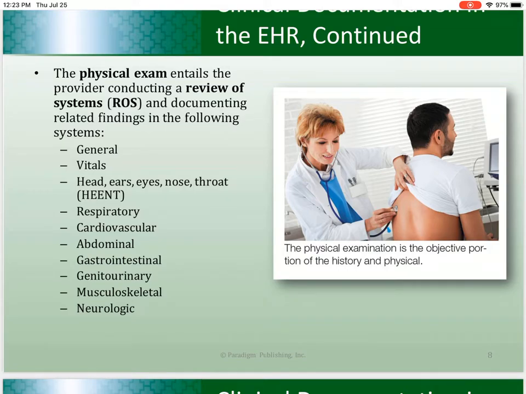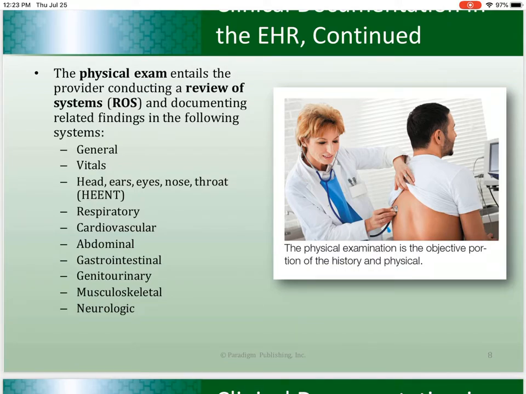First of all, we have general. This could include the appearance of the patient, such as a 66-year-old Caucasian woman in no acute distress. Patient is alert and able to discuss medical history. Then you have your vital signs. It's going to include blood pressure, pulse, respiratory rate, pulse oximetry, and body temperature.